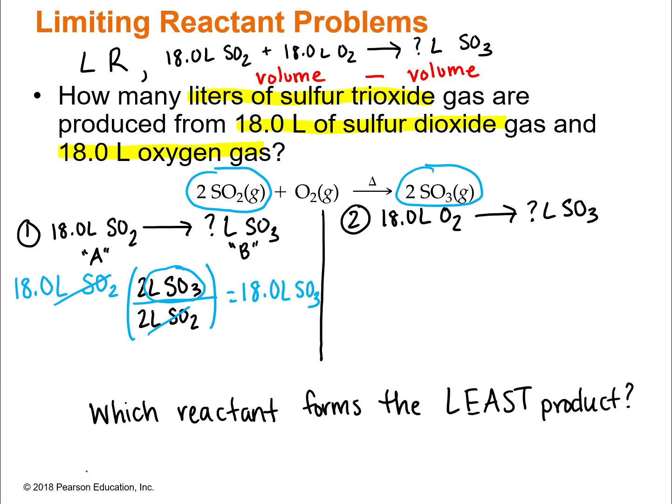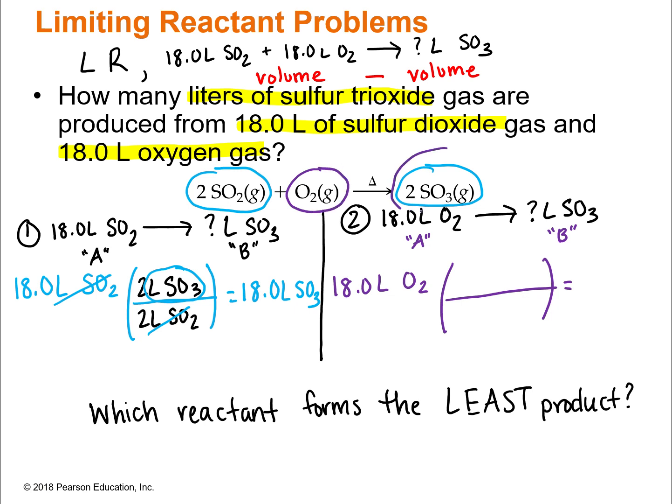We do the same thing with the oxygen gas. Oxygen is our A, SO3 is our B, and here is how we write the ratio.